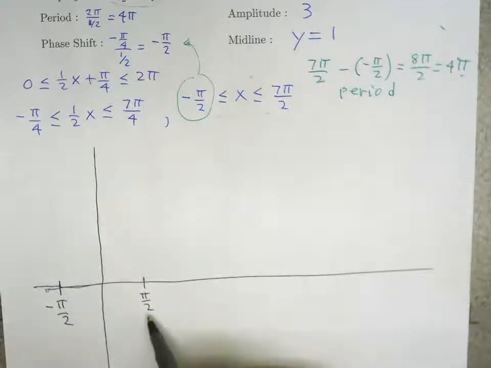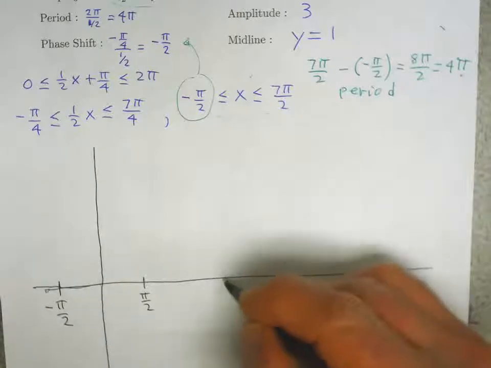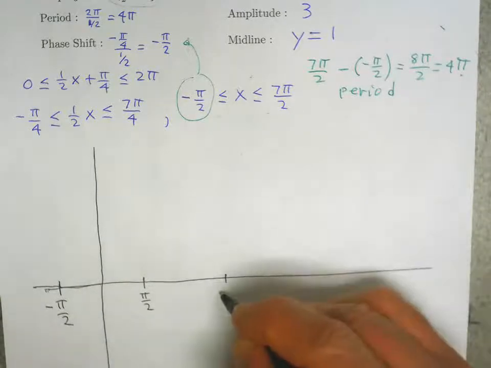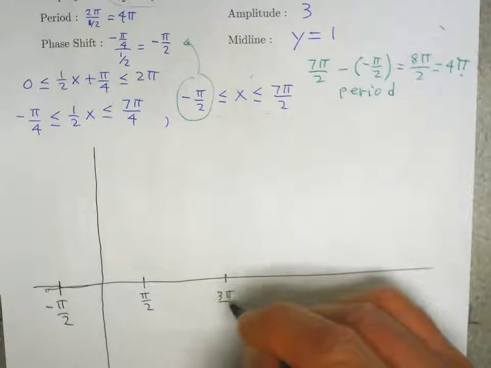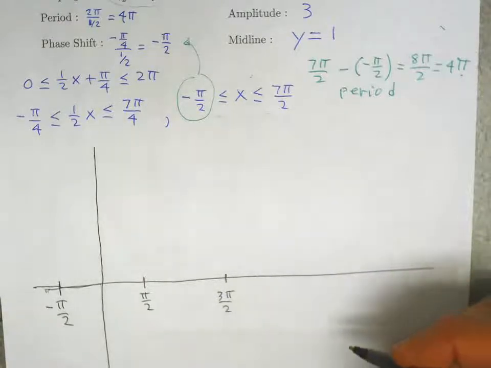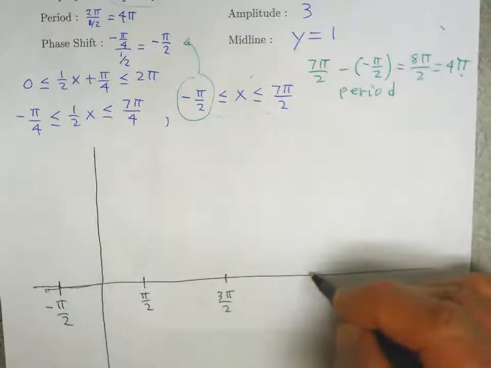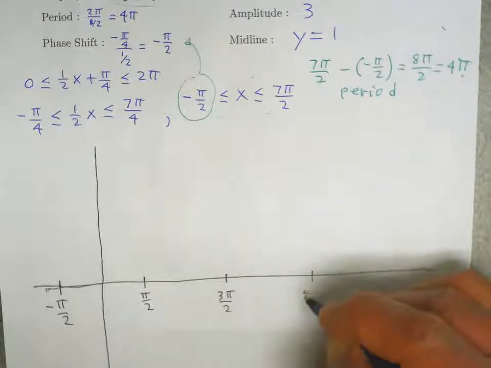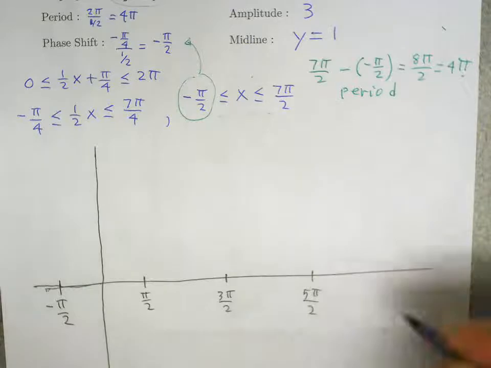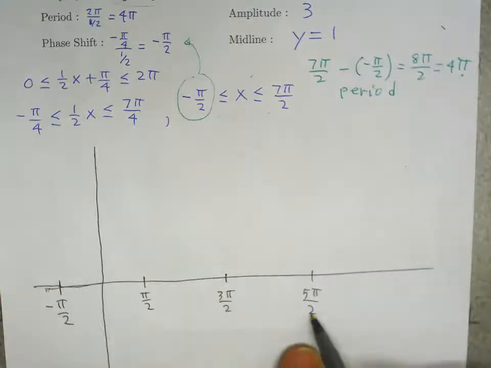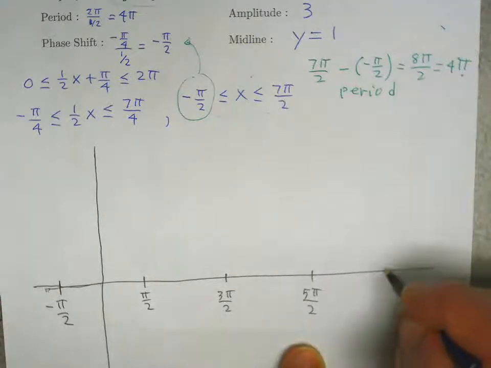And then if I add pi to pi over 2, I'm at 3 pi over 2. And then add pi to 3 pi over 2, I'm up to 5 pi over 2. And then pi plus 5 pi over 2 is 7 pi over 2.